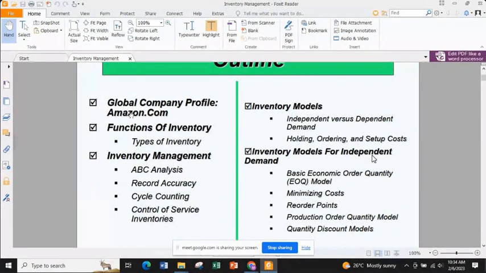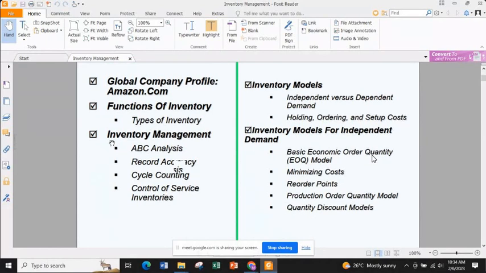Okay, this topic, the outline: we will share the global company profile. Amazon.com is a huge warehouse and distribution company worldwide. We talk about how they manage the operation to serve billions. Then the function of inventory, types of inventory management, ABC analysis, required accuracy, cycle counting, control of service inventories.